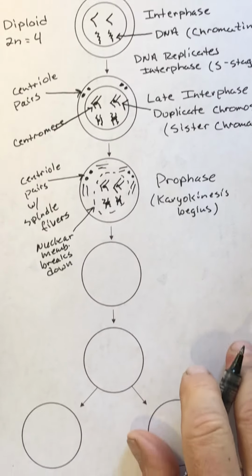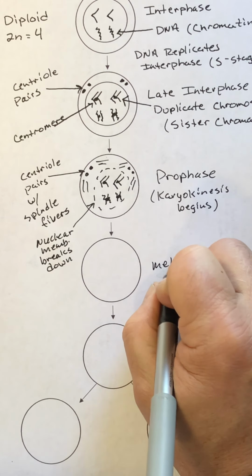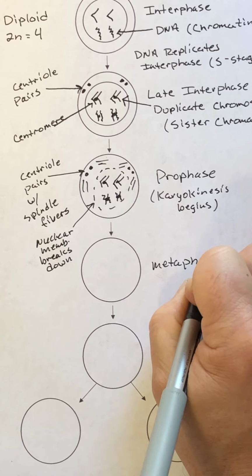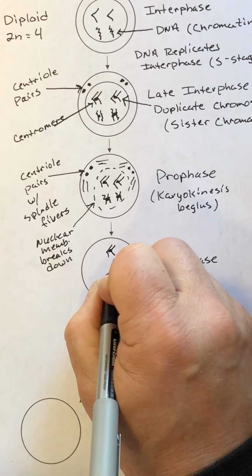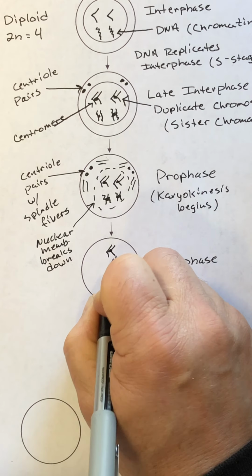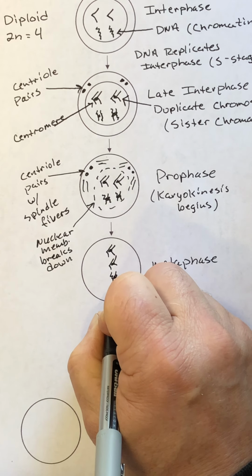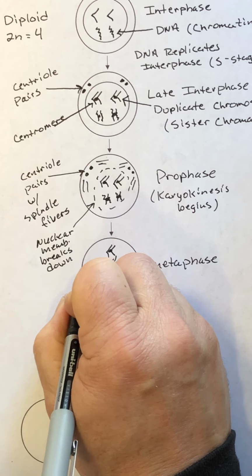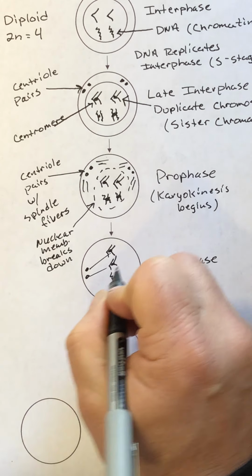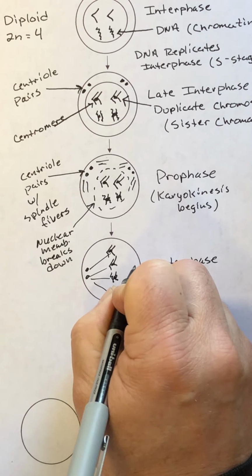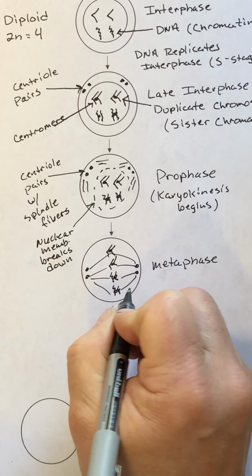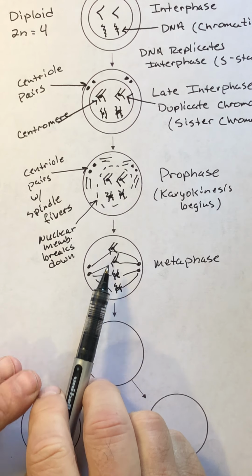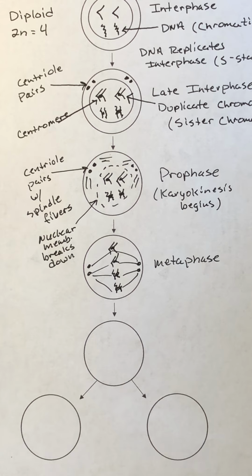The next phase is metaphase. And during metaphase, basically, the duplicate chromosomes, or sister chromatids, are going to be forced to line up through the middle, or the equator, of the cell. And that's happened because the centriole pairs have migrated to opposite poles, and the associated spindle fibers have attached to those centromeres, and it pushes or moves those duplicate chromosomes to the middle of the cell.